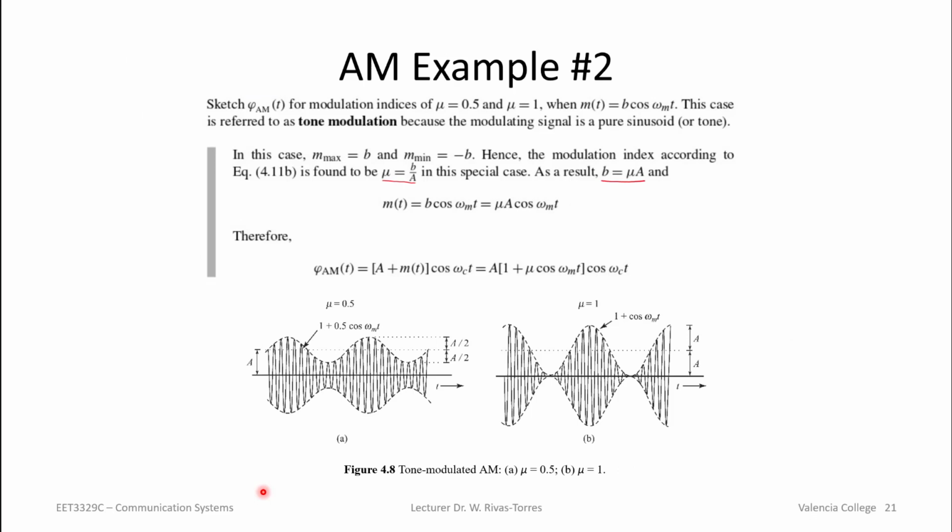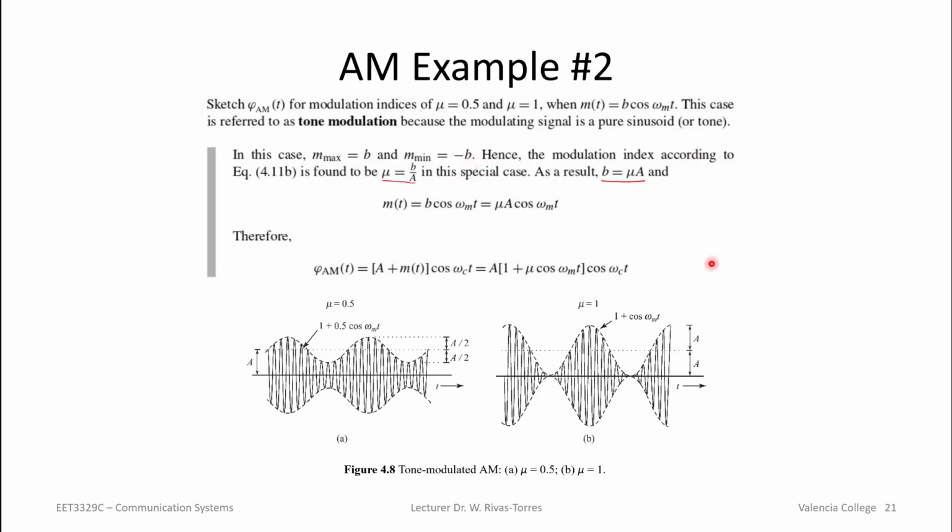So here's an example, and what we're going to do is sketch the signal for a modulation index of 0.5 and for a modulation index of 1, okay? When our message signal is B cosine omega mt, in this case, the maximum or MP plus is B, and the minimum is minus B, right?